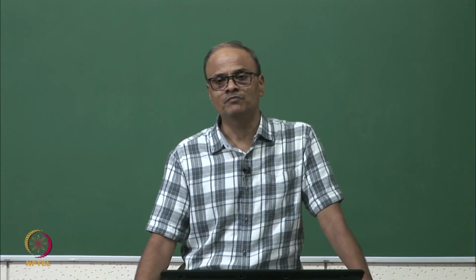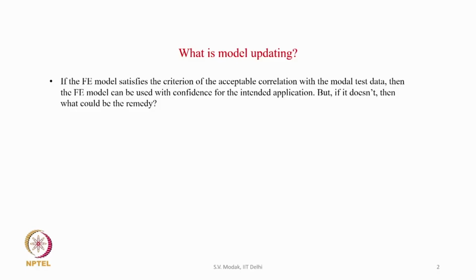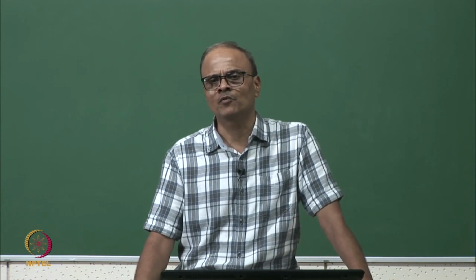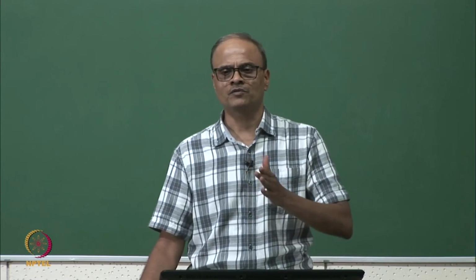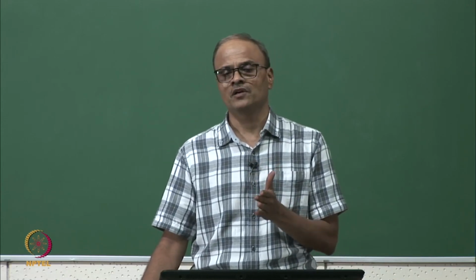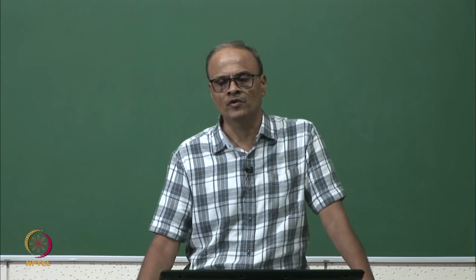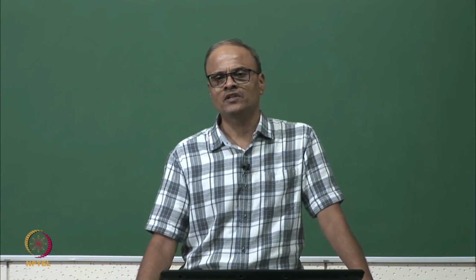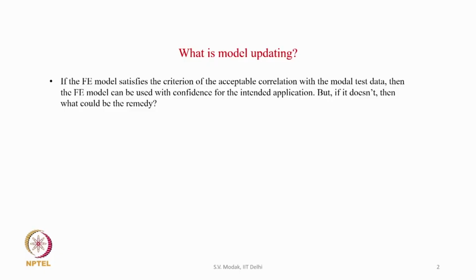But if the error is more than the acceptable, tolerable level, then what can be done? We also discussed that the experimental modal analysis results, or the model testing results, can be considered more accurate than the FE model predictions, because the model test is conducted on the actual structure and takes into account all the actual properties of the structure related to the joints, boundary conditions and material properties. Everything is taken into account, and that is why the results based on the model test are considered more accurate.